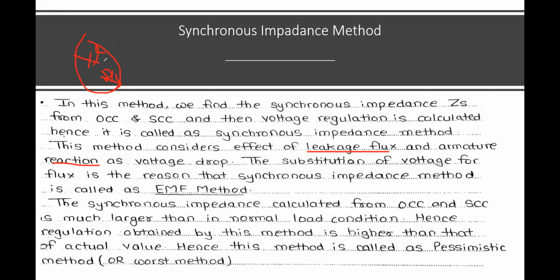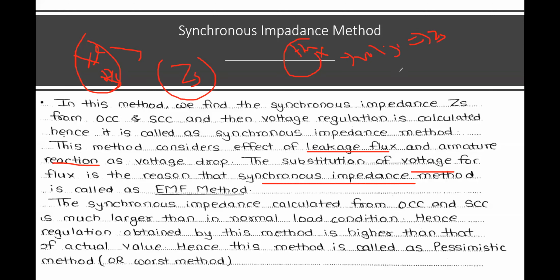This is the reason we calculate the synchronous impedance method. What this statement means is that, first of all, we calculate ZS by considering these two drops. Whatever the value of flux varies in the form of voltage, and voltage is directly related with the impedance.